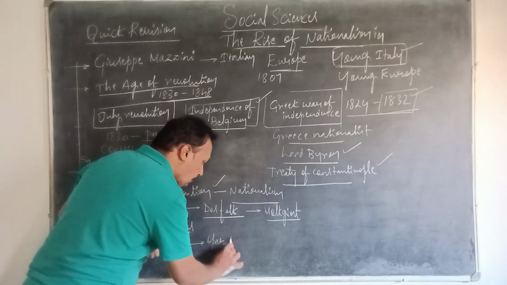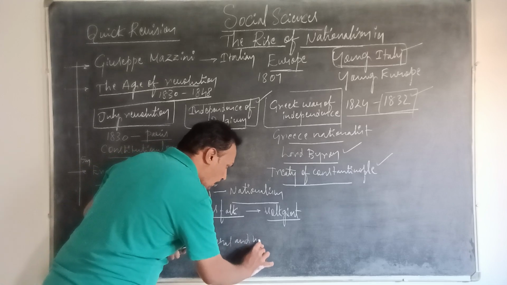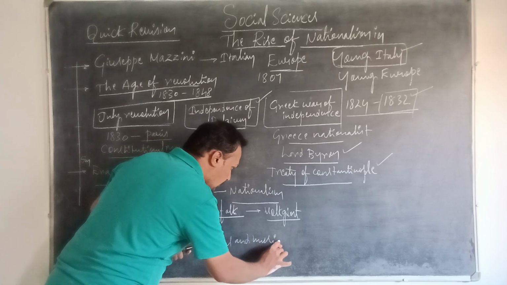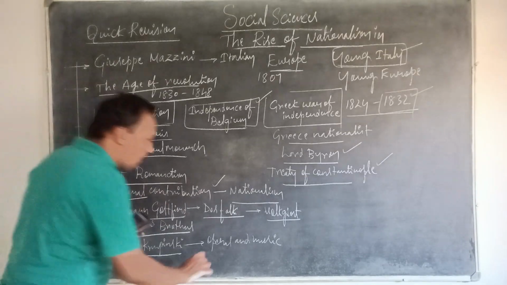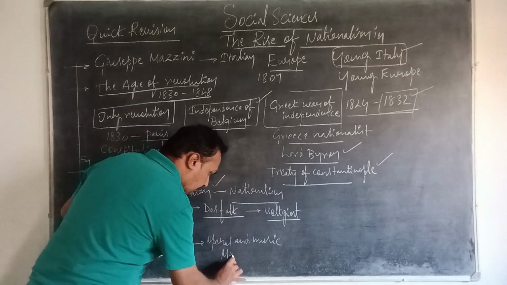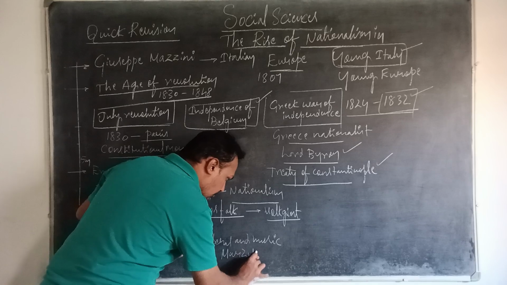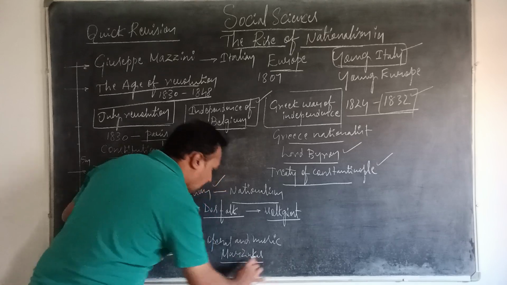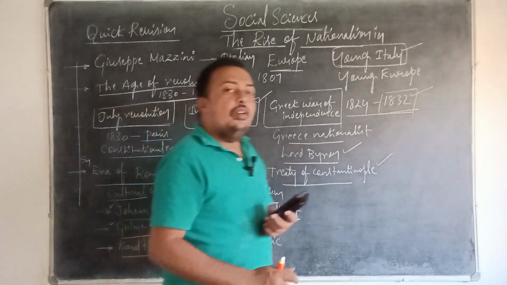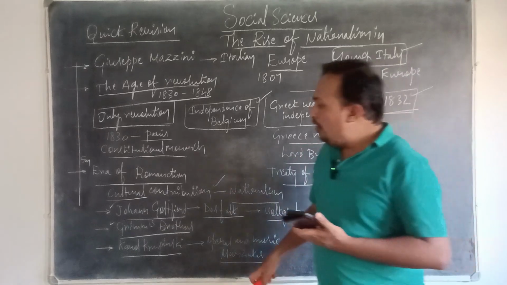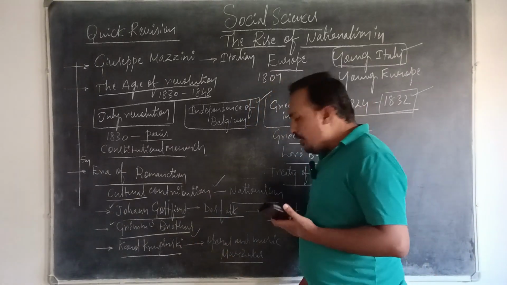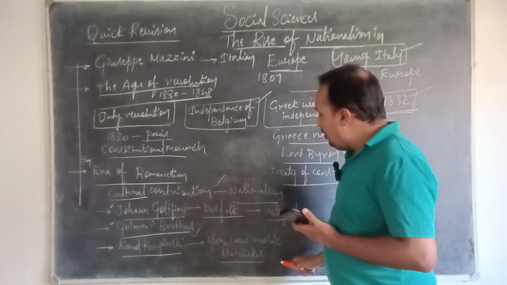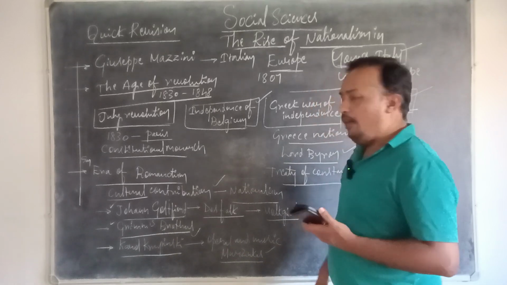Operas and music. Mazurkas are the example. So he celebrated the national struggle. Karol Kurpinski was a musician. He celebrated the national struggle through what? Operas and music. Example is Mazurka.